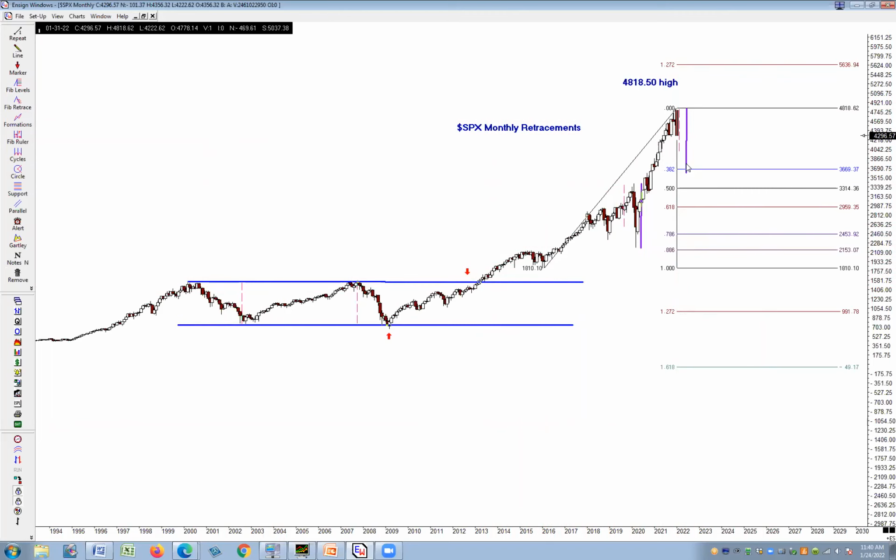That's tying in a little bit more with this. And remember, we can sometimes see multiples of these swings. So if we bring this down, maybe down here. Now, what does this tie into? This 50 ties into where the breakout to the upside was from 2020.